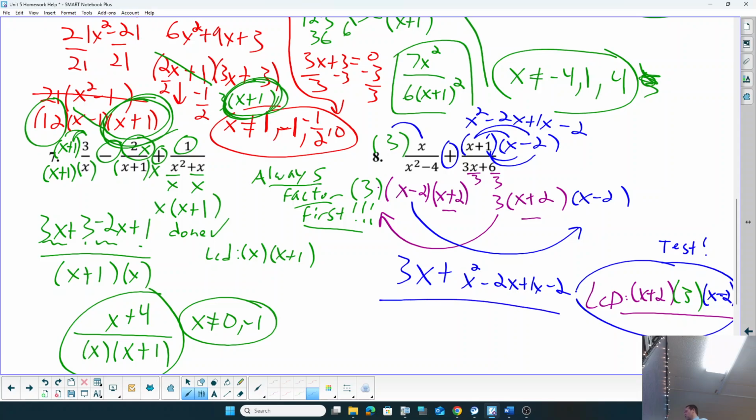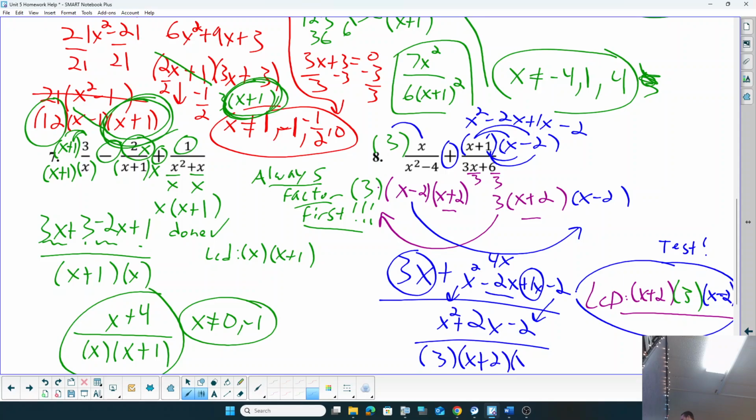Then we can combine like terms, all 3 actually. We have a 3x and a 1x, which is 4x, and a 4x minus a 2x is a 2x. Then we have an x squared, and we have a minus 2. So our final answer is those 3 things all over our LCD, 3 times x plus 2 times x minus 2.